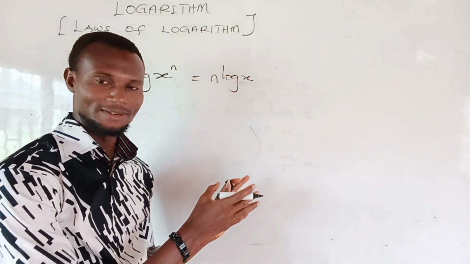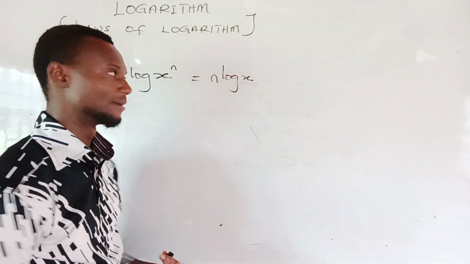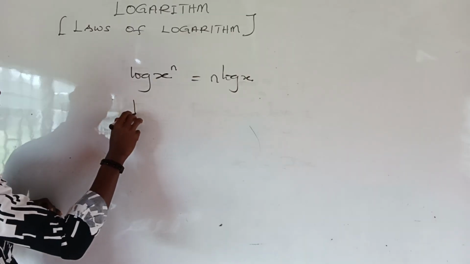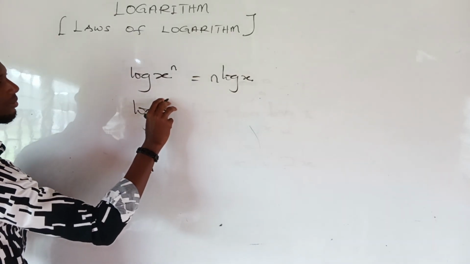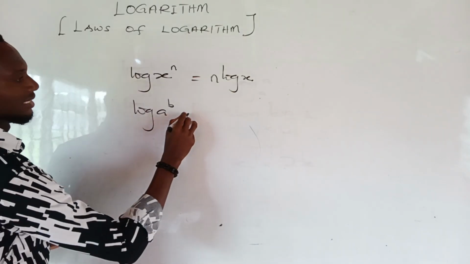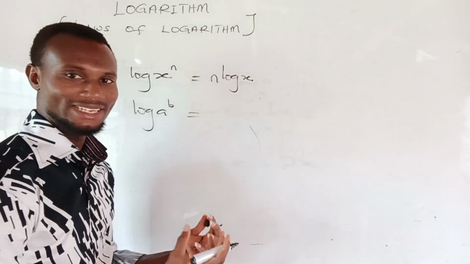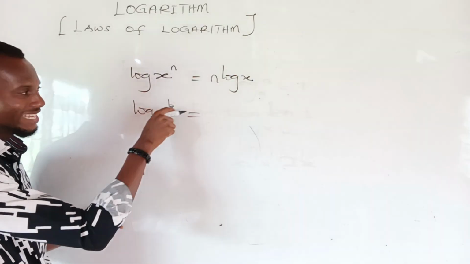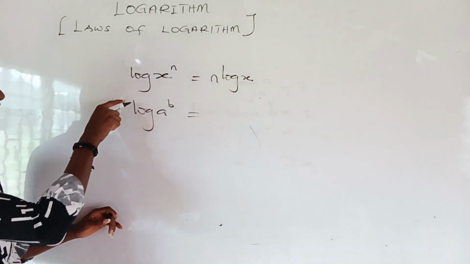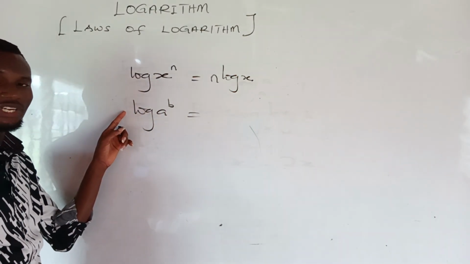I hope you understand. I'm going to go over one more time. Let's say I have log a to the power b. The property is saying that the b here can come and become a coefficient to the log.